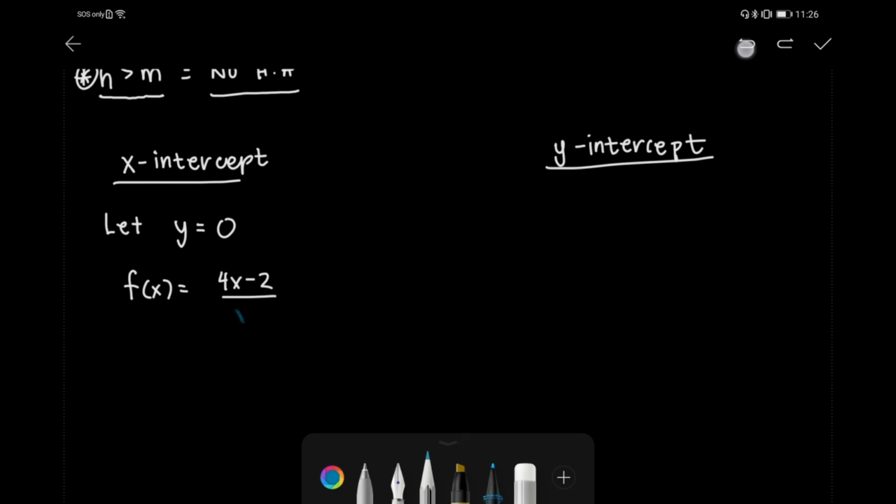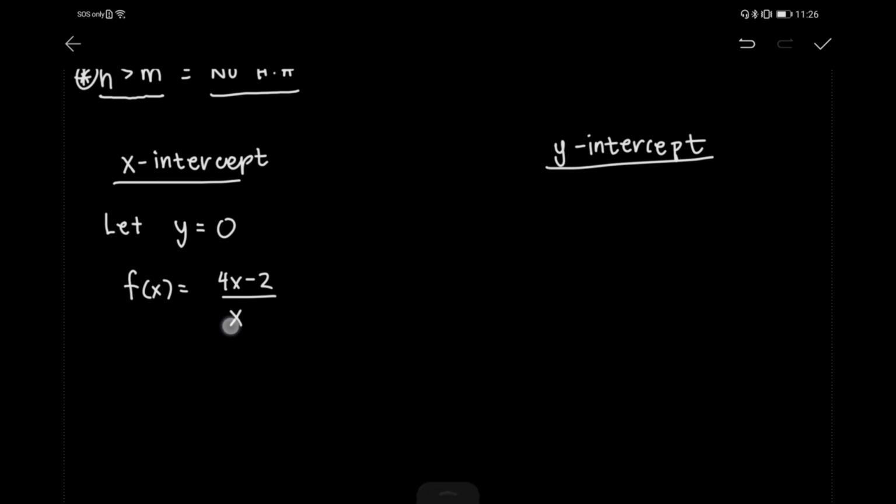We let f of x, which is just equal to y, become 0. So this is 0 equals 4x minus 2 all over x plus 3.